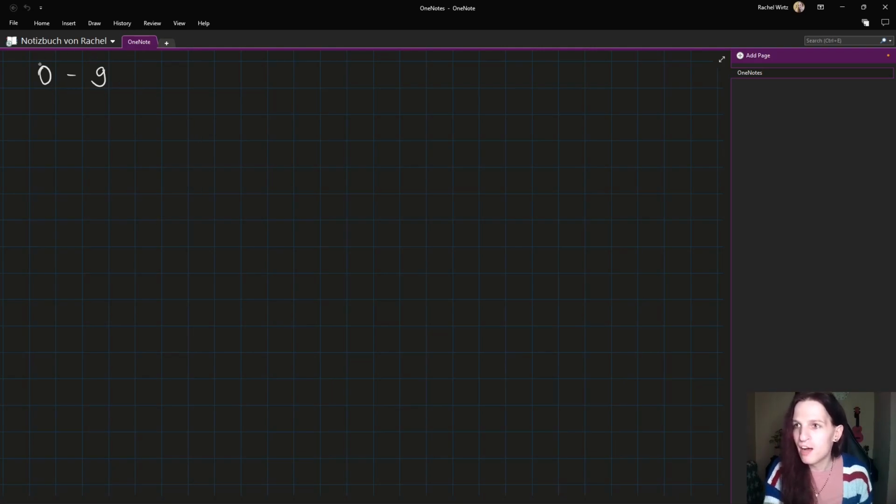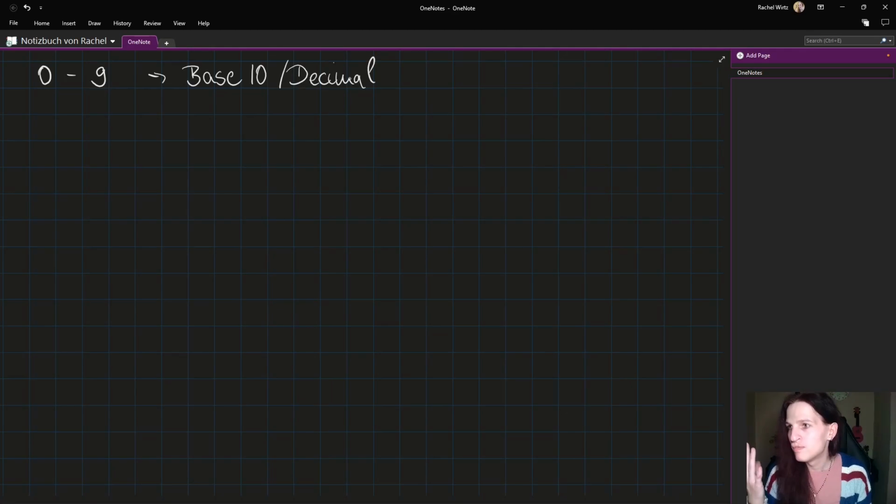And since we have 10 different digits, we can describe 10 different states at once. Therefore, our number system is called base 10 or decimal. I think so far we all agree.